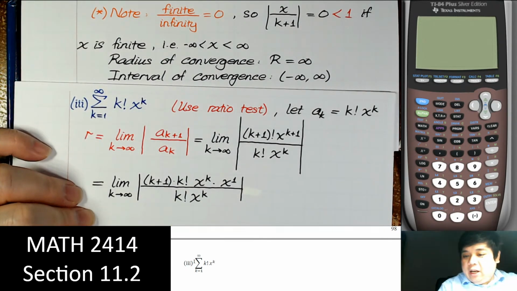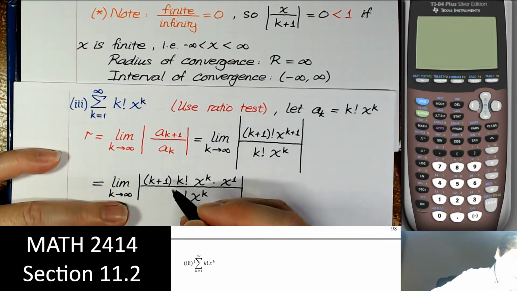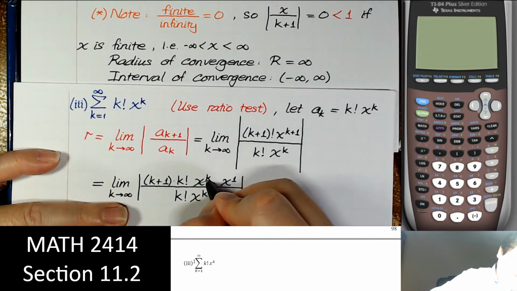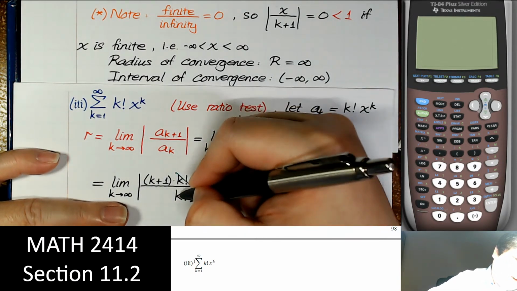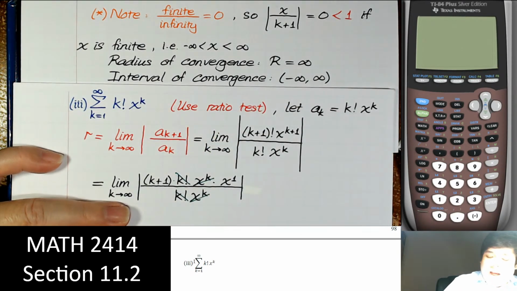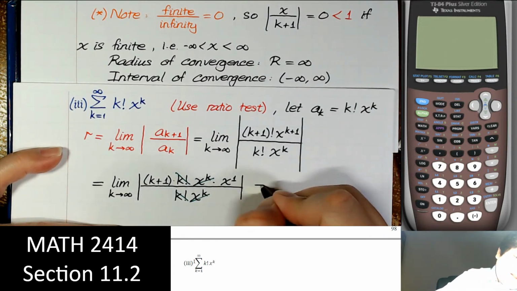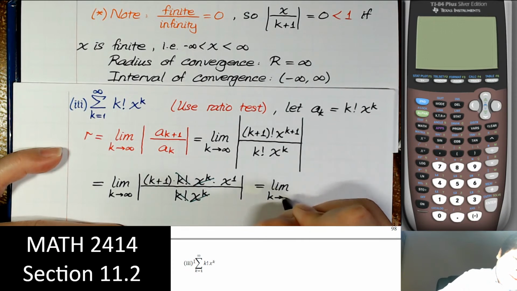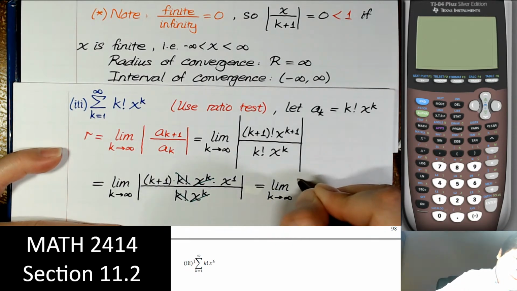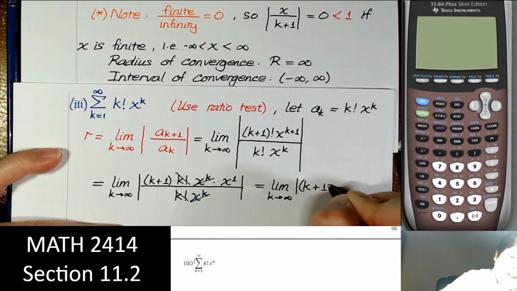Right, that's simplifying. x to the k cancels out, k factorial cancels out, and what's left is just k plus 1 and then x.